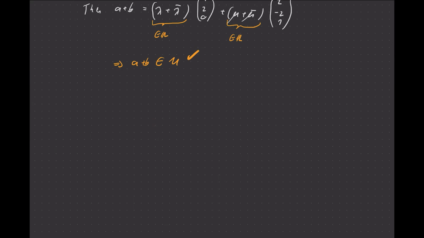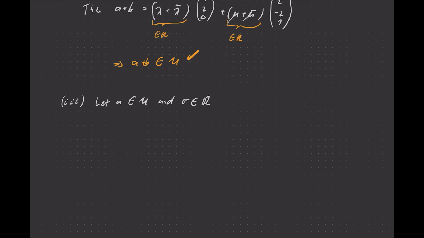Okay, let's have a look at condition number 3 then. As above, we'll take one vector, let's call it a, and we call the scalar that we also need sigma, because I want to have lambda for the representation of a.